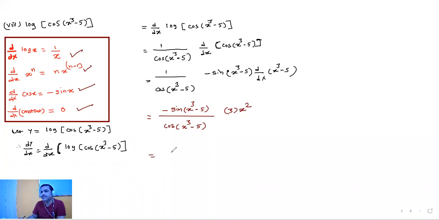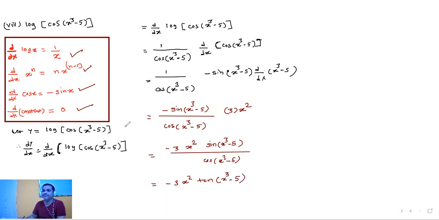So our final answer in this case will be minus 3 into x squared sine of x cubed minus 5, and the whole will be divided by cos of x cubed minus 5. The final answer will be minus 3x squared tan of x cubed minus 5, since sine upon cos is tan.